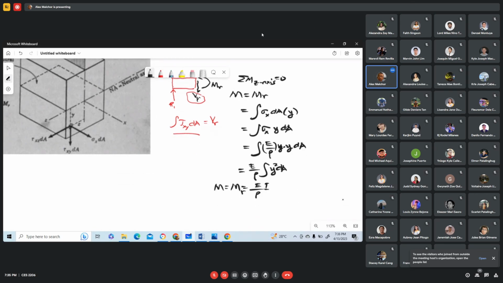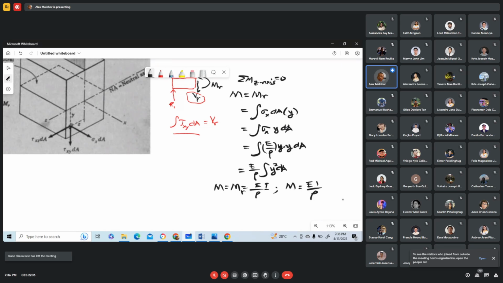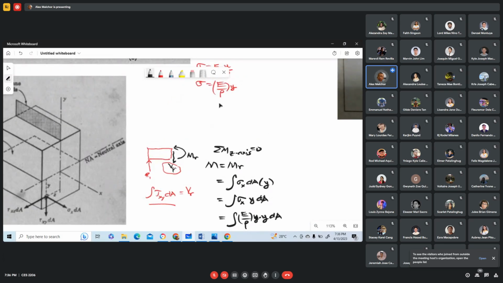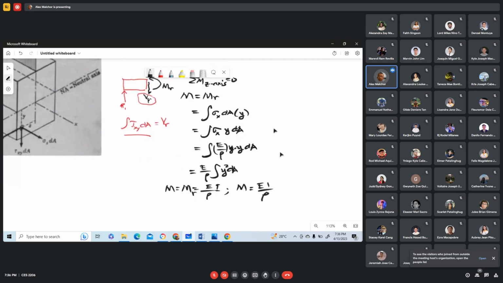Okay, so now we have M is equal to EI over rho. Going back to this equation, E over rho is equal to sigma over y, so that in this equation here, we have this moment of inertia, no?